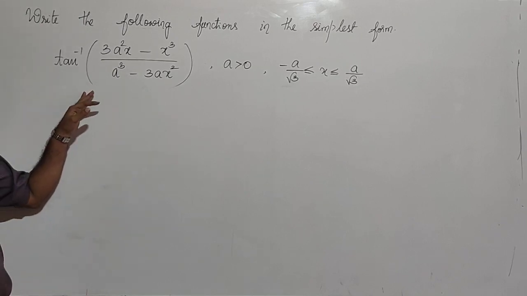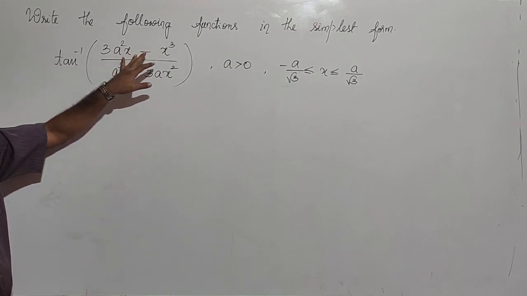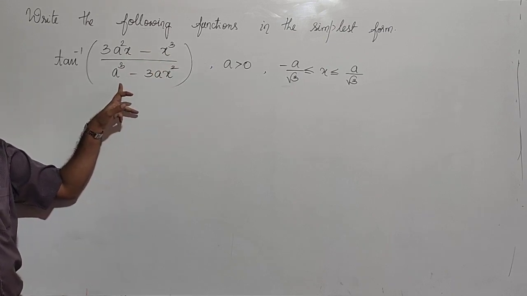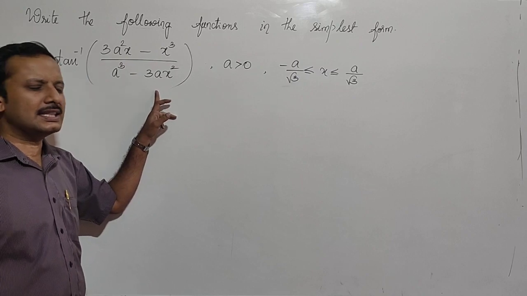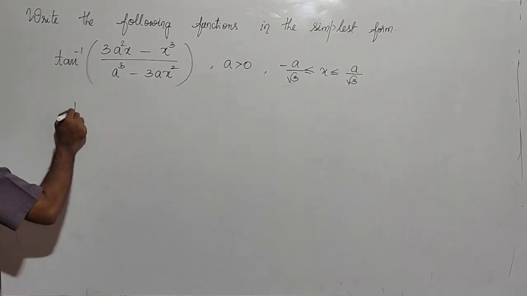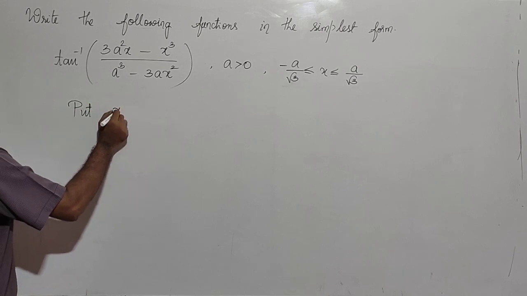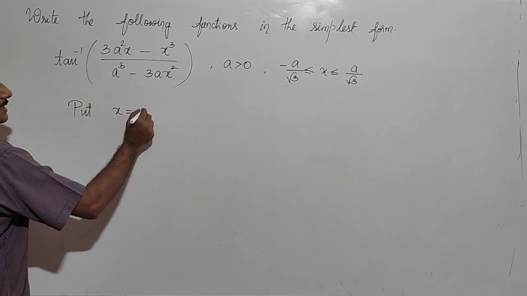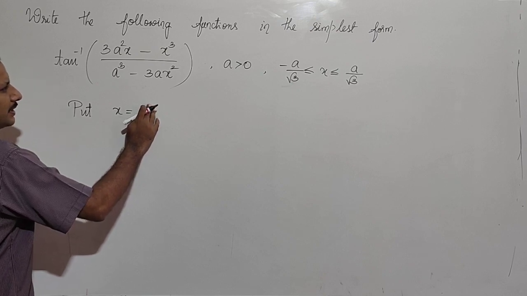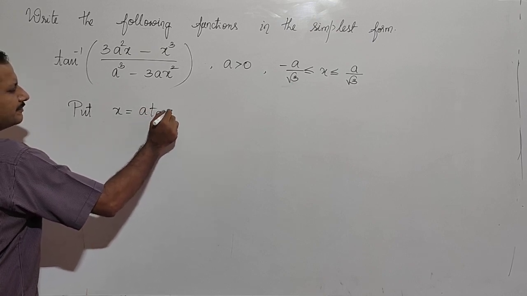We have tan inverse of 3a square x minus x cube divided by a cube minus 3ax square. Here I will make a substitution: put x equal to a tan theta.